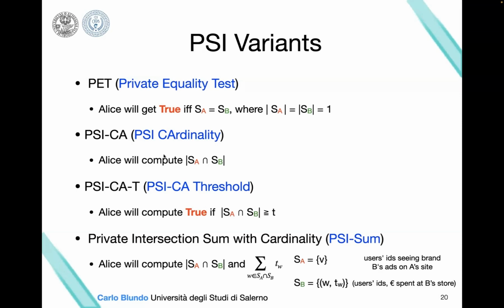Or we can compute the cardinality of the intersection, so Alice will compute the number of elements in the intersection, not the elements in the intersection itself. Or PSI-CA threshold. Again, this is a Boolean function: Alice will compute true if the elements in common are more than a threshold T. Or there is this more elaborate private set intersection. Let me make a simple example.